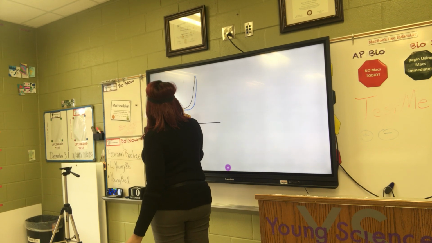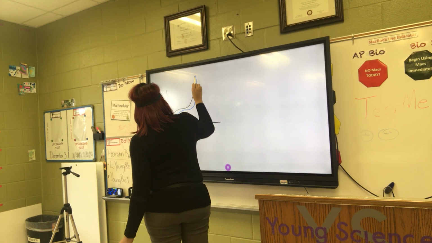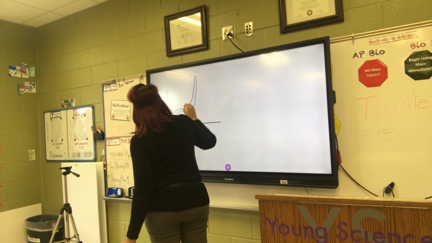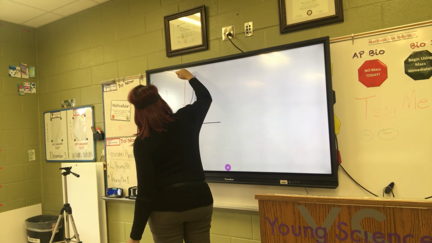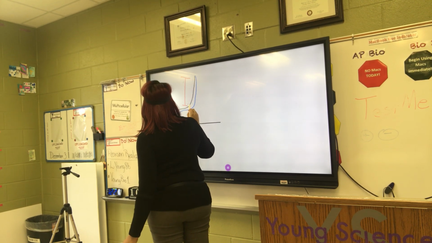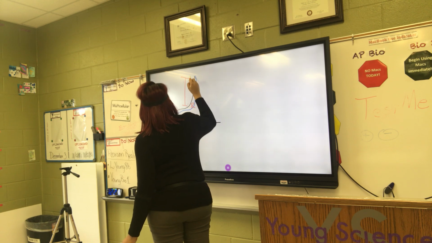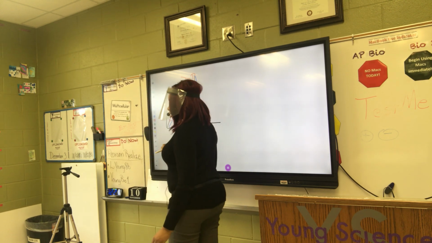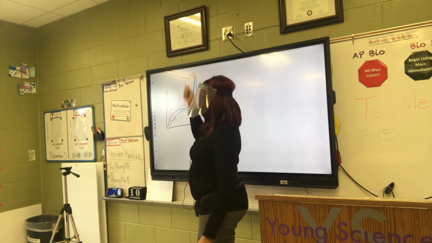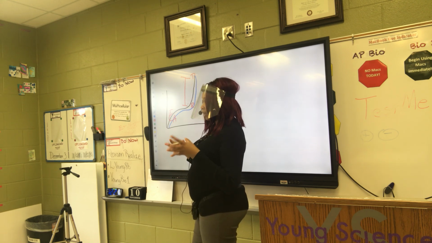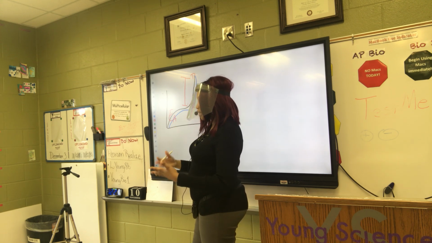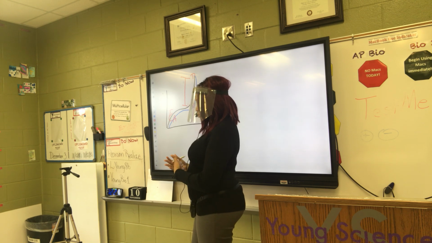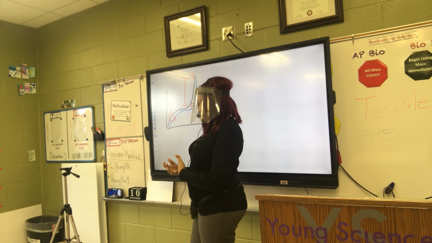It took less to get going, and it still goes up. And this change from here to here, this is the free energy of my reactants, and this is the energy of the products. The reactants have less energy than the products, so the amount of available energy increased as the reaction continued. Do you see that?